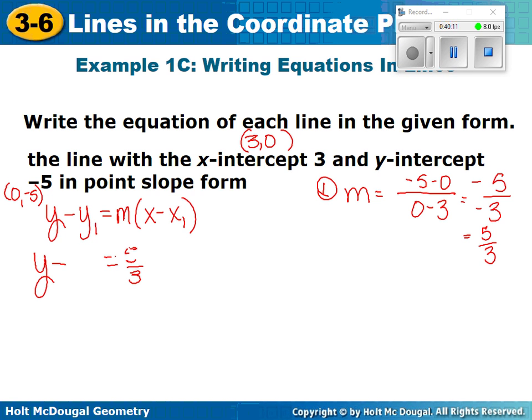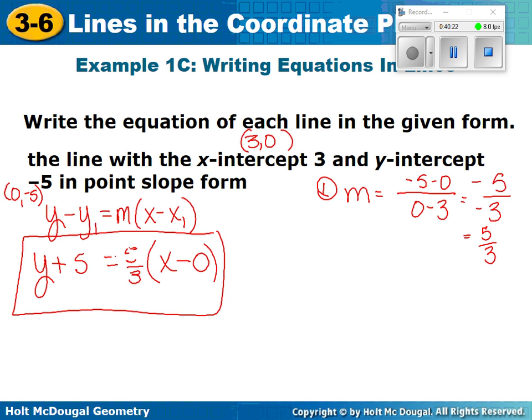So it becomes a plus 5. And then in parentheses, I'll have x minus 0. And you will leave it like that. Do not simplify it because it wants it in point slope form. So don't get rid of the -0 part. Leave it there. It helps you see your equation.